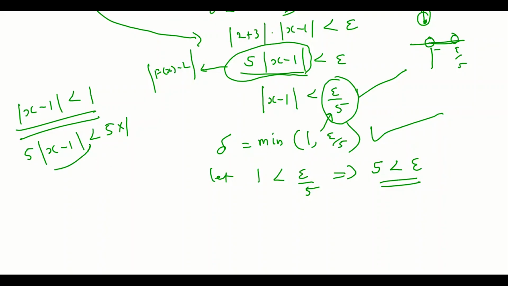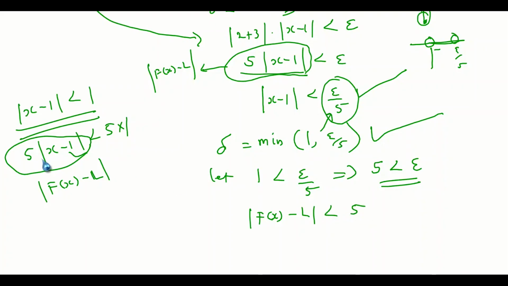And don't forget, this one, as I said, is the same as the absolute value of f of x minus L. So instead of writing this one now, I'll write this one. I will say the absolute value of f of x minus L is less than 5. Why? Because 5 multiplied by absolute value of x minus 1 is less than 5, and this is equal to this, so it will be less than 5.